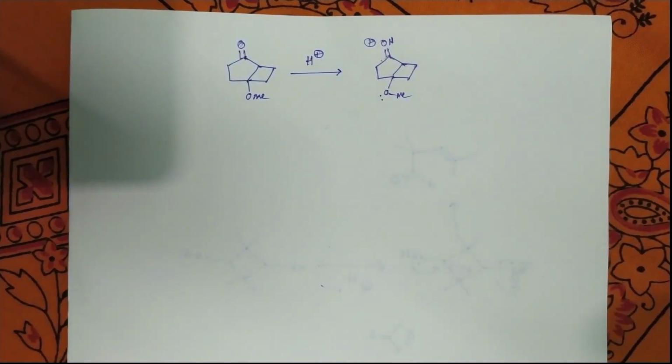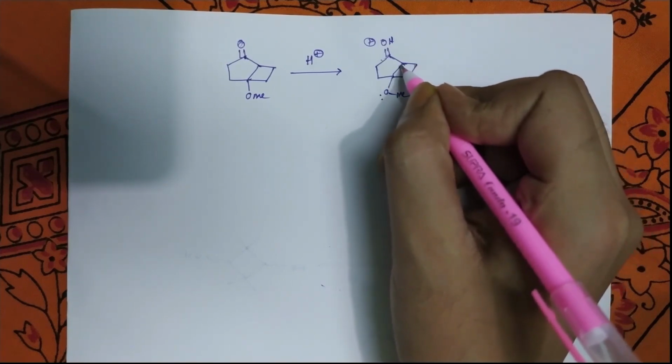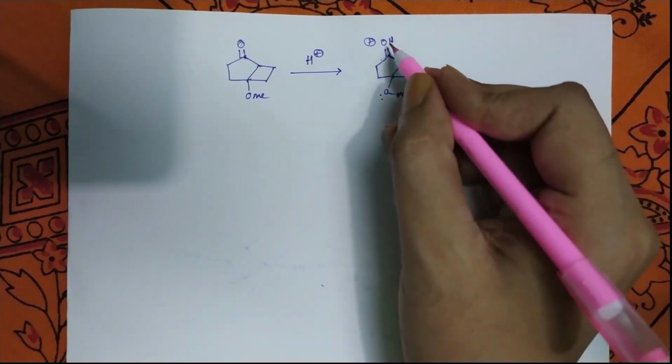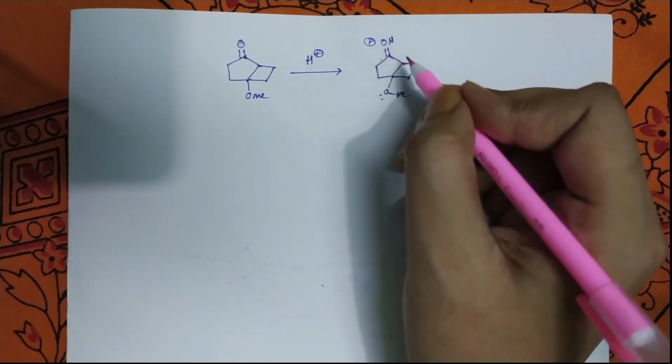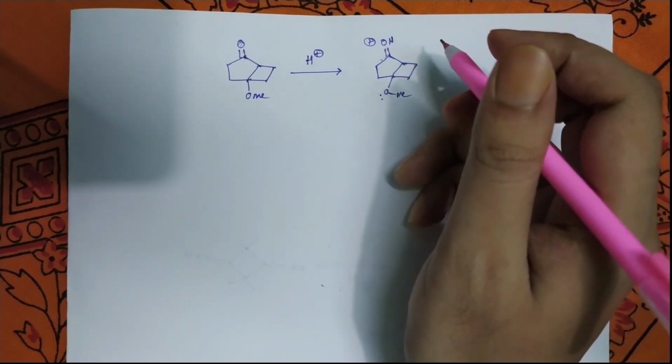The lone pair on the oxygen pushes back to the ring. We also know that there is a junction of a 5-membered and a 4-membered ring, so it is not very stable. Due to the presence of one electron donating group and one electron sink, this is more vulnerable to ring expansion.